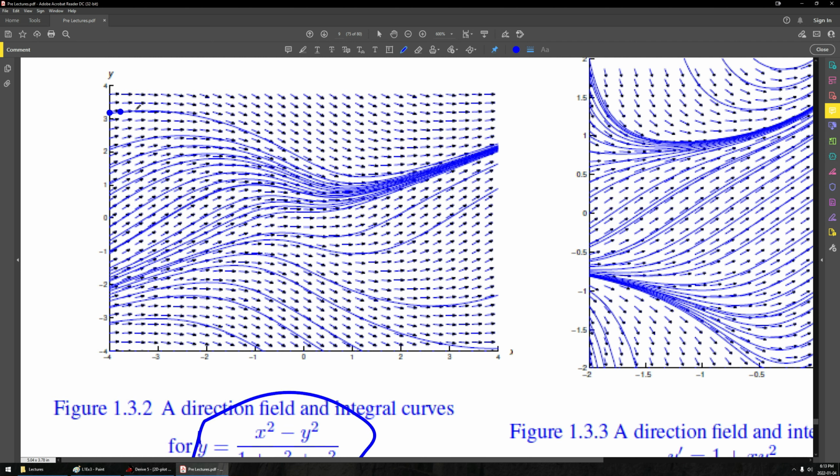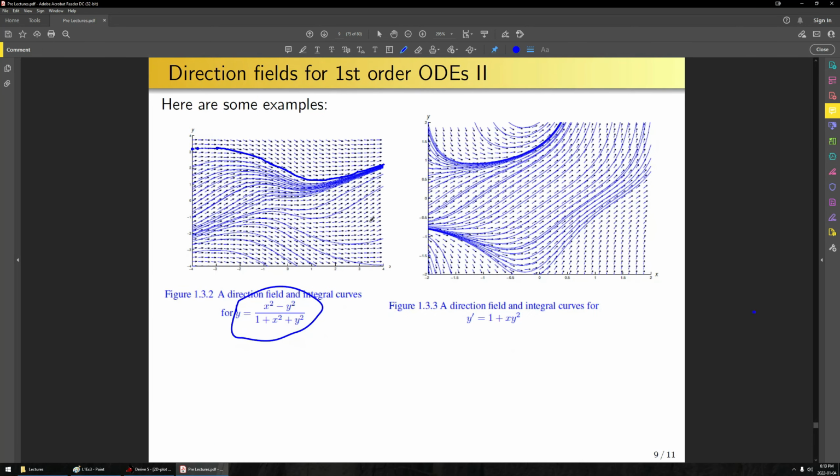I have to travel in the direction of that arrow, and if I keep chasing this out, just following the directions of all these little arrows, I trace out a curve. That curve that I just drew is going to be a solution to the differential equation y prime equal to this thing here. So by simply following those curves, we can numerically solve some differential equations of this form, where the right-hand side is sufficiently nice. We're not doing much with numerics. I really won't get into the details of sufficiently nice, but definitely check out the book's comments on that.